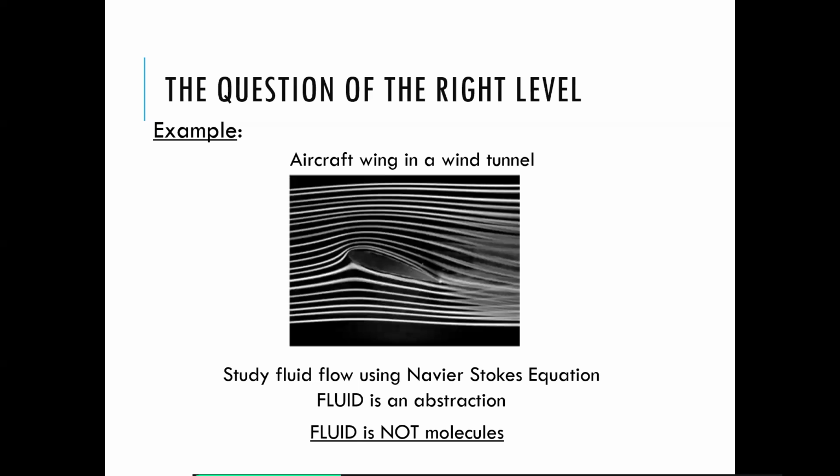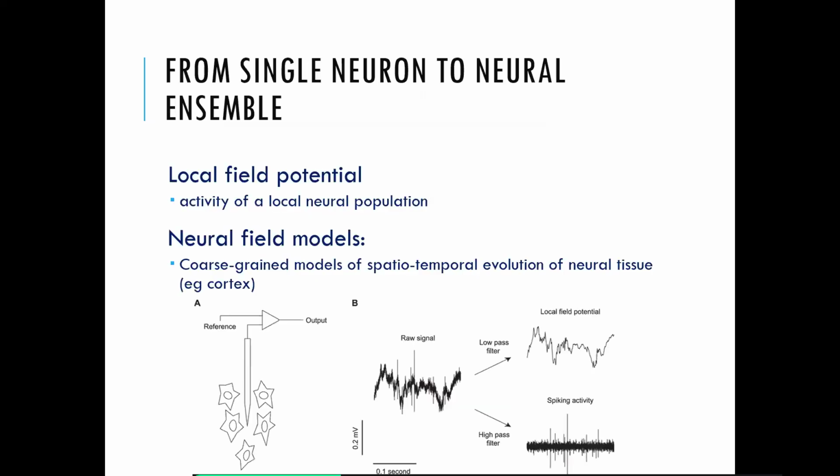Even in a small volume element, you will have on the order of 10 to the power 23 molecules, and you describe their collective motion using this abstraction called fluid. That's a very accurate abstraction. Just because it's abstract doesn't mean it is vague or not numerically precise. It's very accurate, and you study fluid flow using such equations.